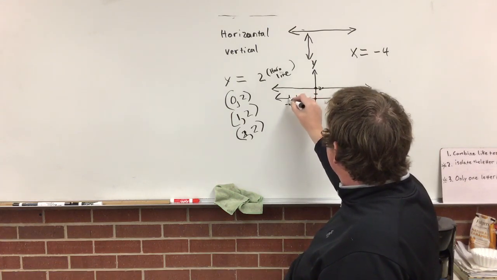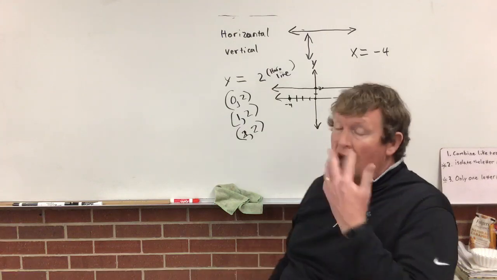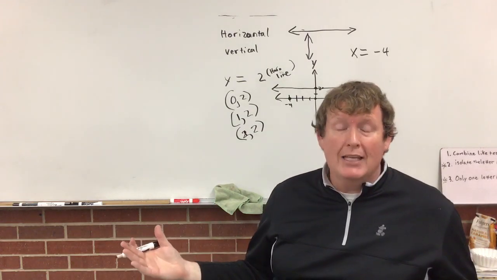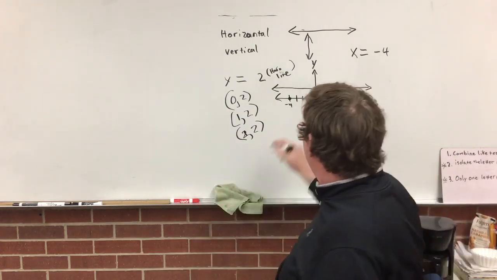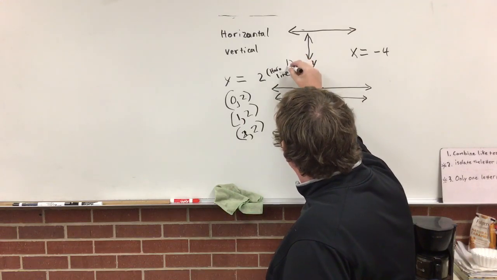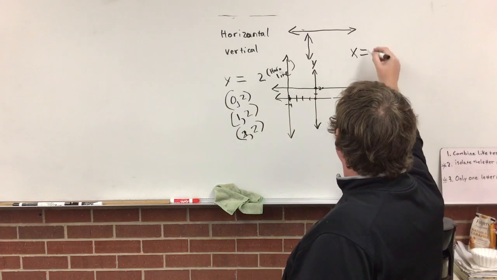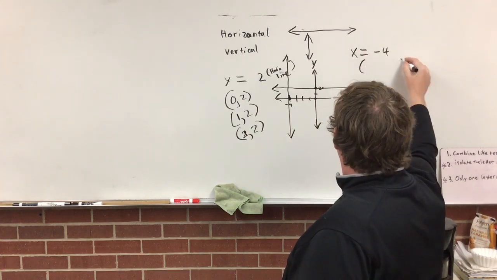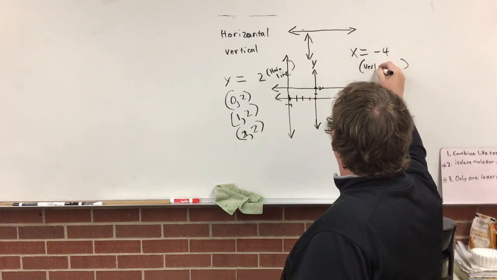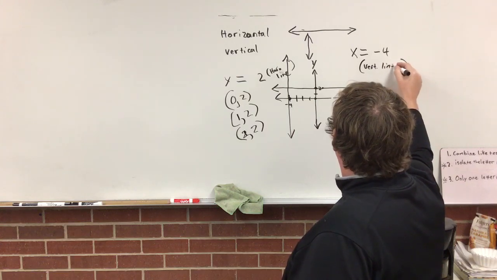There it is. x can be -4. But it didn't tell us what y can be. That means y can be any of these numbers that are along the line of -4.